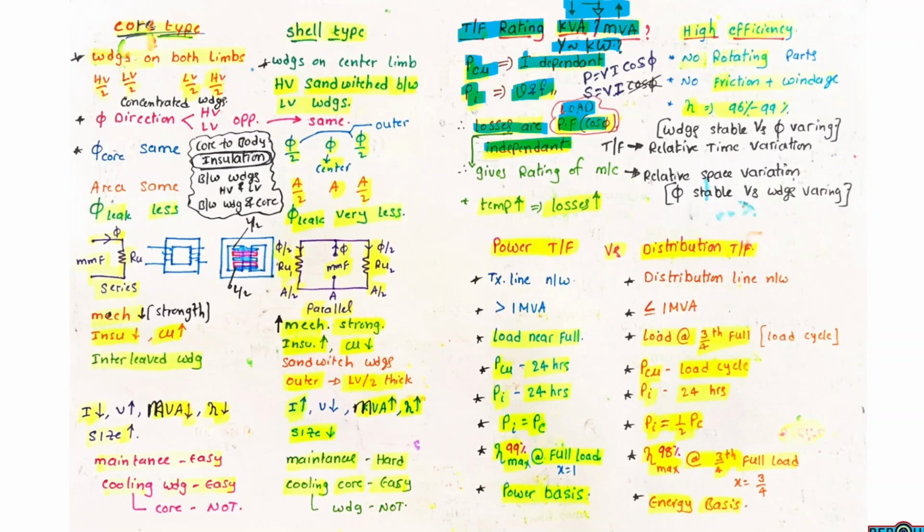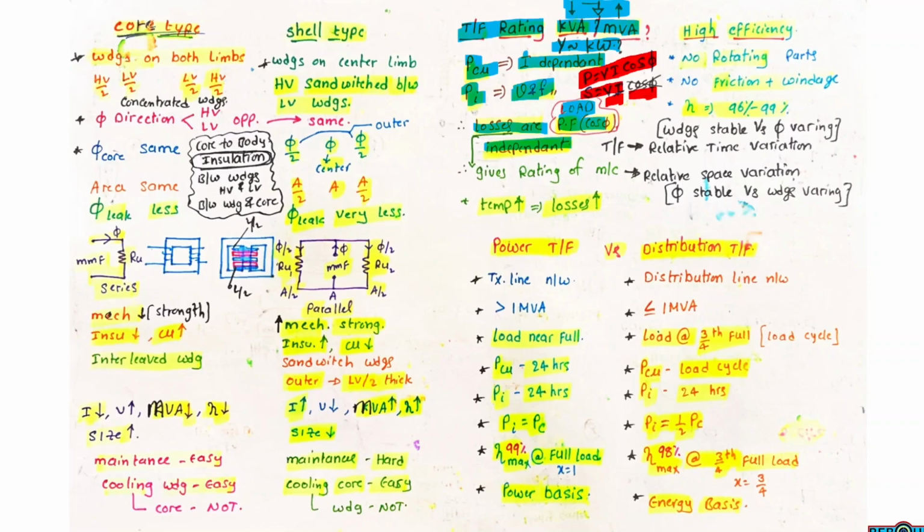Rating of any electrical machine is calculated with the help of the formula P equals VI cos phi. In case of transformer, it does not depend upon load power factor cos phi. So if you omit the term cos phi, the remaining term is only VI. VI equals apparent power, so S equals VI.